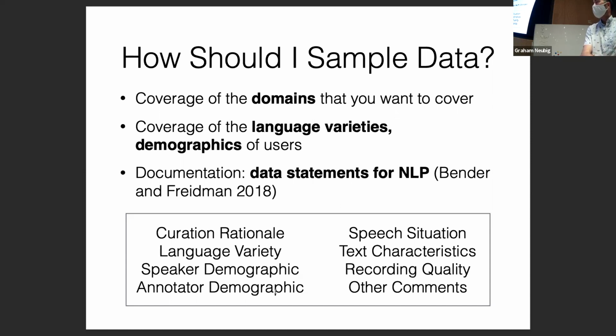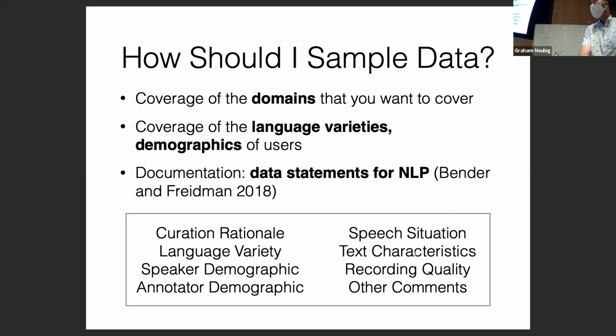Also annotator demographic. I found this interesting, but it makes sense. For the people who are annotating the data, are there any potential biases incorporated through this? For example, maybe people who don't speak a particular dialect might be bad at annotating sentiment from the dialect. Speech situation: are people speaking in an informal setting or formal setting?